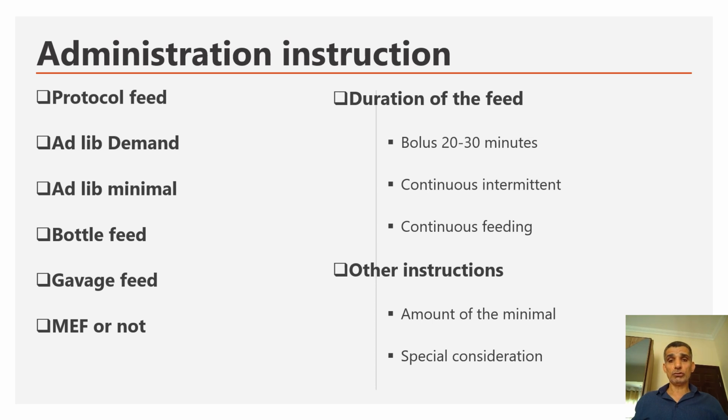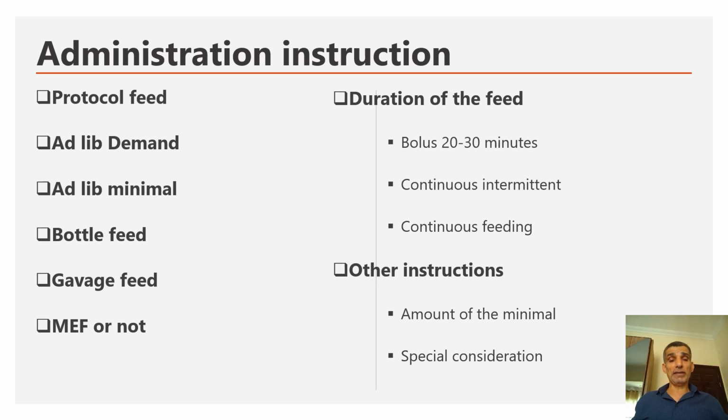These are called continuous intermittent, to give the baby more time to digest the milk, but also a gap to be free from the feed and relax. Or you want to wait because you have a feeding intolerance, the child is a little bit sick, you don't need to overload him or her, so you go by continuous feed.